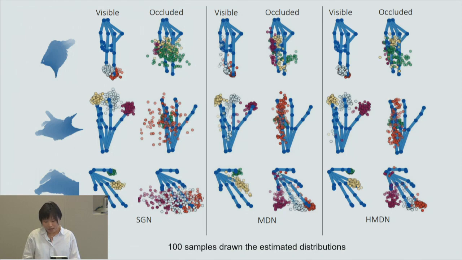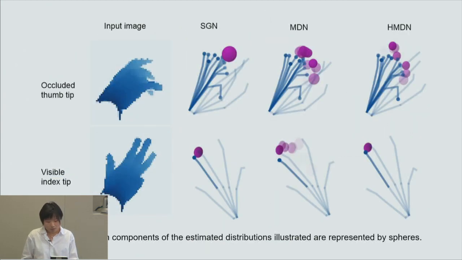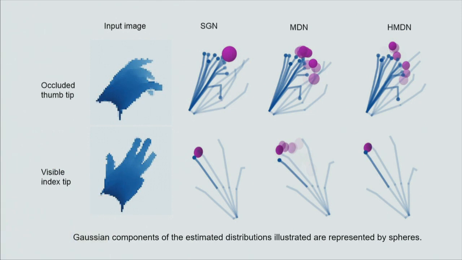So we can see the HMDN combines the advantages of SGN and MDN and is able to produce compact samples for the visible joints and interpretable samples for the joints under occlusion. To further demonstrate the distribution predicted by our method, we represent the distribution by spheres.